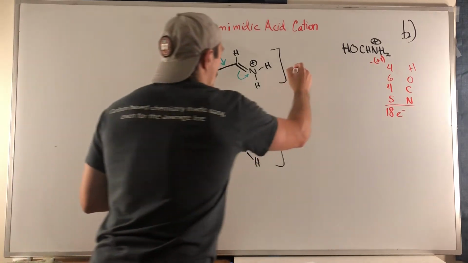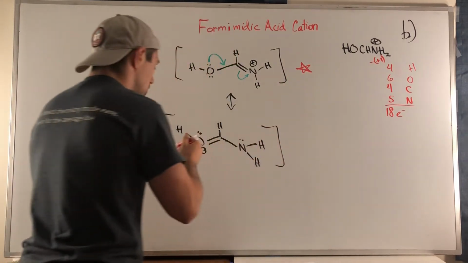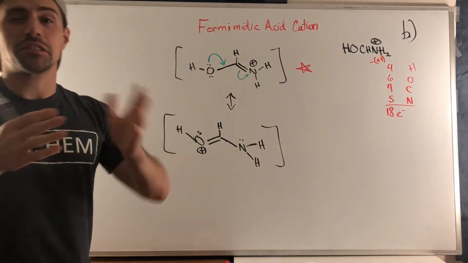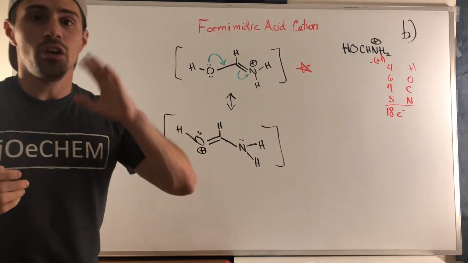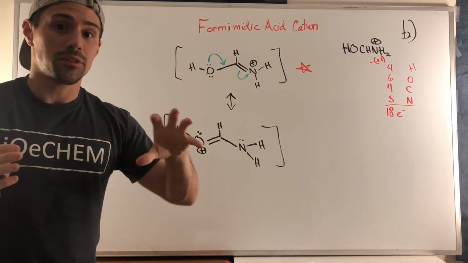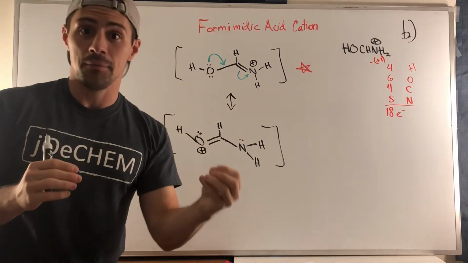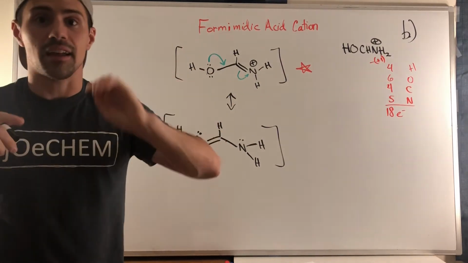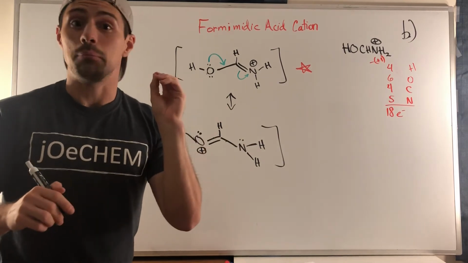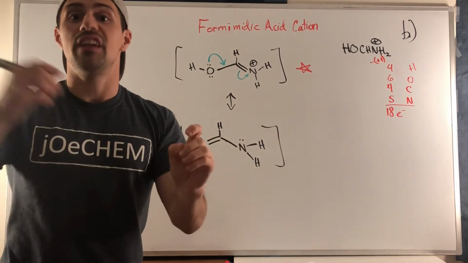It is the top structure, the first one we drew, because it's somewhat the opposite logic. We know oxygen is more electronegative than nitrogen, so oxygen handles negative charges better. If you kind of reverse that thinking, oxygen loves electrons more, therefore it hates being positive more than nitrogen does.